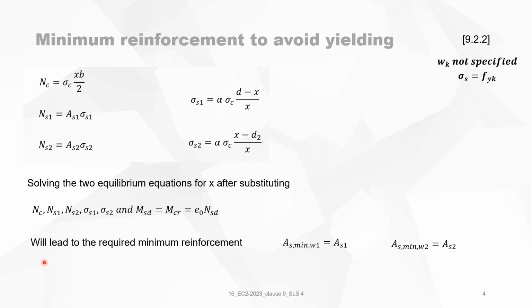Now we can simplify the formulation. For instance, for pure bending, NED is 0, and the phi factor in SLS characteristic is 0. There is no creep taken into account, and we assume symmetrical reinforcement.